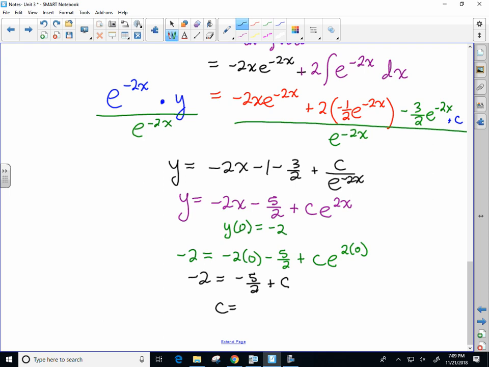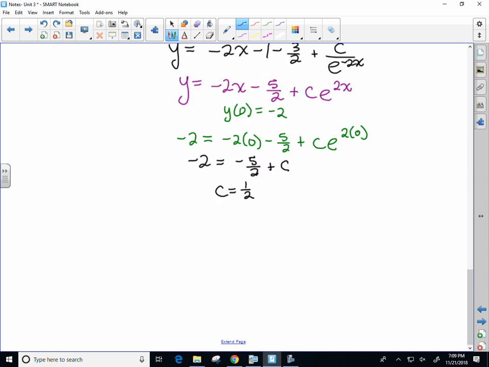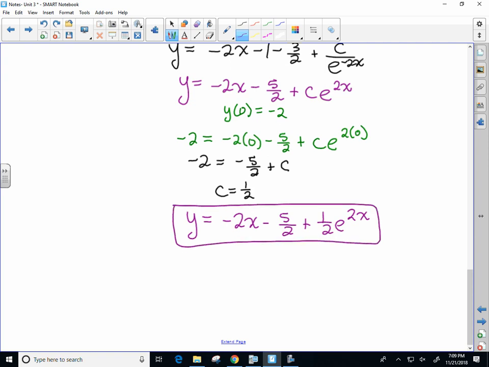I'm adding 5 halves to both sides. So that's going to be 1 half: negative 4 halves plus 5 halves. So the general solution becomes particular: y equals negative 2x minus 5 halves plus 1 half e to the 2x. Phew, Jackman. That's some crazy stuff right there.